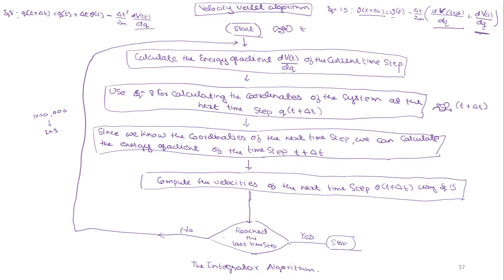We need to know the energy associated with the protein system at every time step of your MD simulation protocol. You need to know the energy for my protein in the previous time step, as well as the energy for my protein in the next time step. Without the knowledge of this energy associated with your protein, you cannot complete any of the equations of the velocity Verlet algorithm.